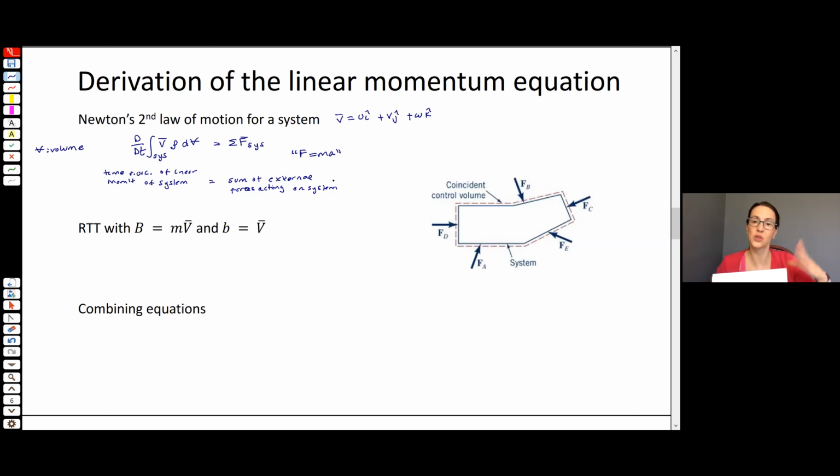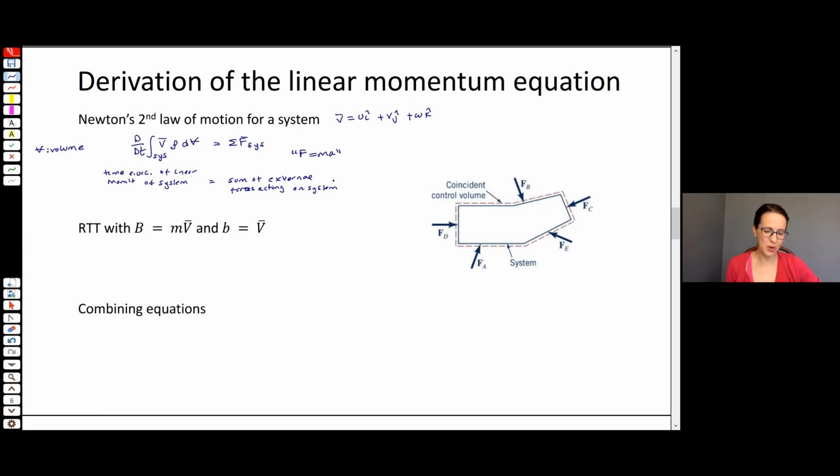If you define a control volume, if you define a certain fluid system, an external force would be the pressure force acting on the walls of your control volume or your system. It can be gravity acting on the volume of fluid. An internal force would be something acting between the molecules, right? So we don't count those, van der Waals forces, that type of thing. All right.